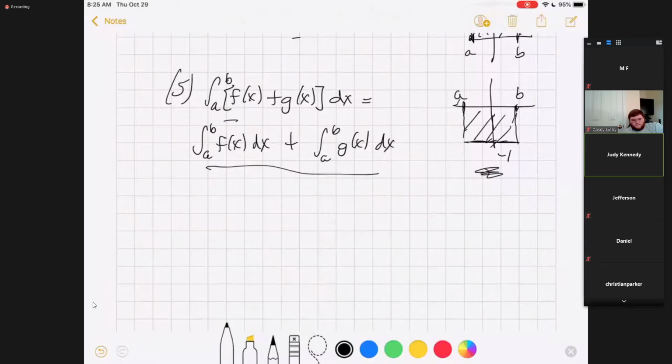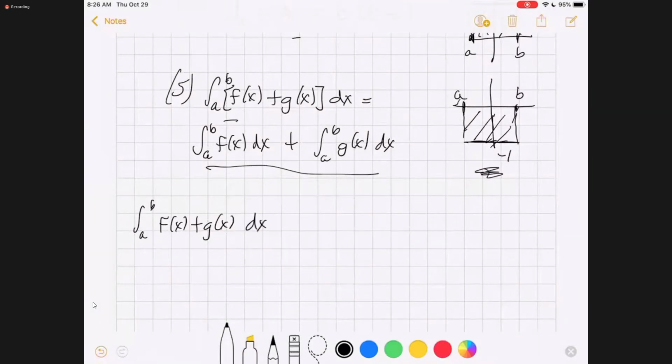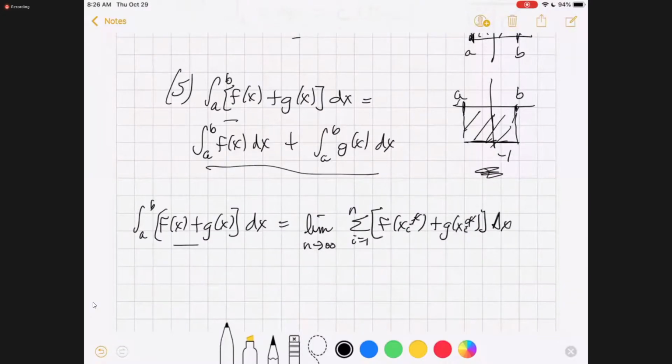What's this first one? This would be the limit as n goes to infinity of the sum as i goes from 1 to n of f of x sub i star plus g of x sub i star, times delta x, because that's my function for this interval.